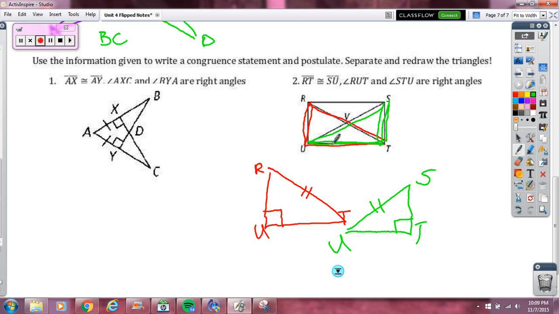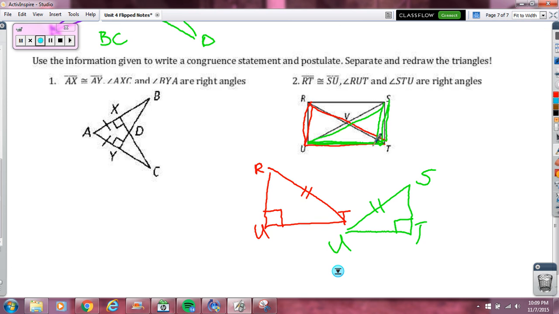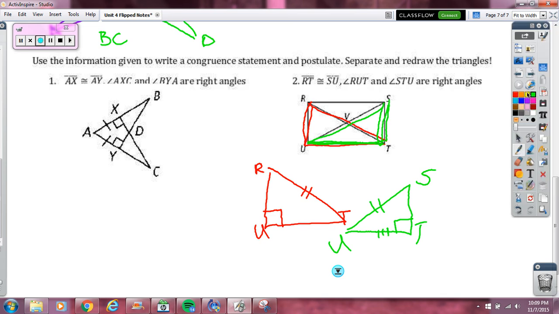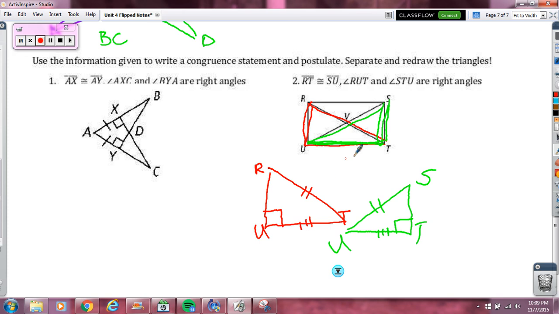And the place that they had in common, where I kind of went over myself again, was down here at UT. The green triangle has UT, and the red triangle has UT. So when I say why they have to be congruent, I'm going to use one of my big five. I see angle, side, side. Ooh, but I don't want to end up cursing. Luckily, this is a 90-degree angle, so I could use hypotenuse, leg. The other triangle also has a hypotenuse and a leg with the same number of markings.